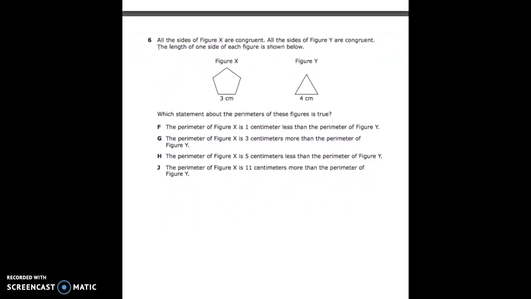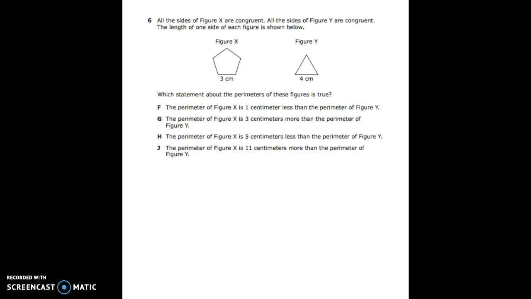Okay, number 6 is on page 12. All of the sides of figure X are congruent. All of the sides of figure Y are congruent. The length of one side of each figure is shown below. Which statement about the perimeters of these figures is true?